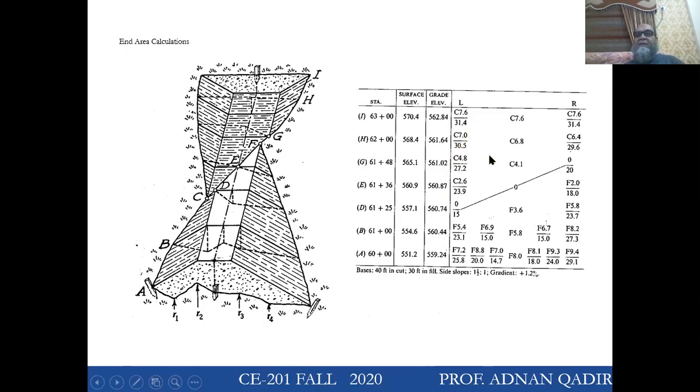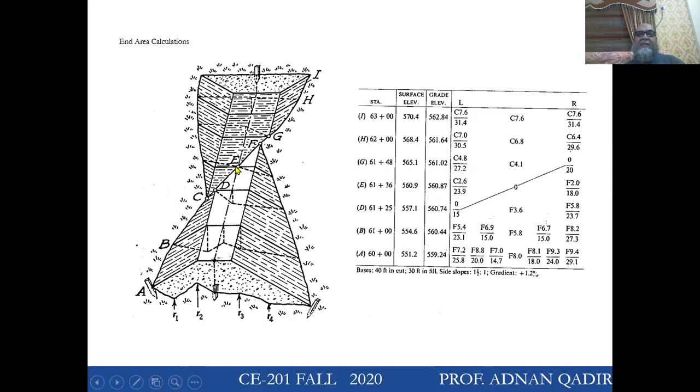So again, 3-level section, formulas that have been shown to you in the previous lecture now will be applied. Now at point G, again, we call this a cut section. Again, here we will use that 3-level formula.